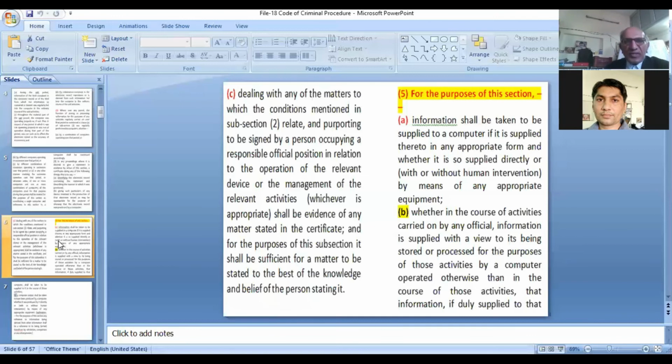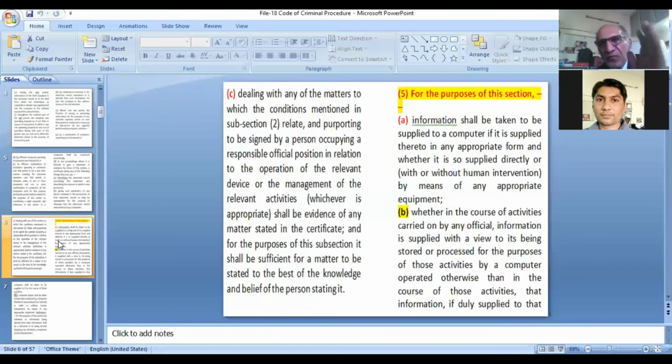So, in this clause, it further is made clear that the certificate is to be as to the truthfulness to the knowledge and belief of the person issuing such certificate.